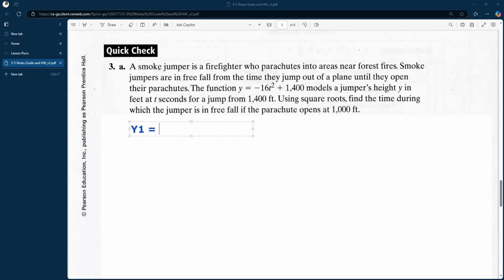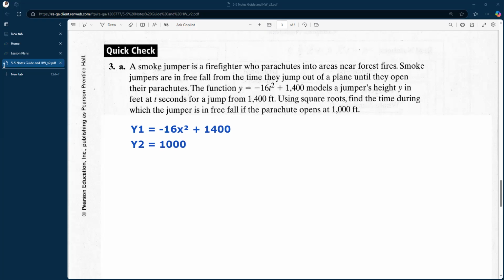Y1 would be negative 16x squared plus 1400. Y2 equals 1,000.